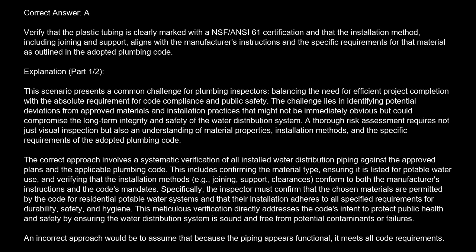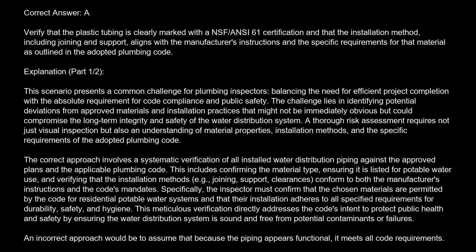Specifically, the inspector must confirm that the chosen materials are permitted by the code for residential potable water systems, and that their installation adheres to all specified requirements for durability, safety, and hygiene. This meticulous verification directly addresses the code's intent to protect public health and safety by ensuring the water distribution system is sound and free from potential contaminants or failures.